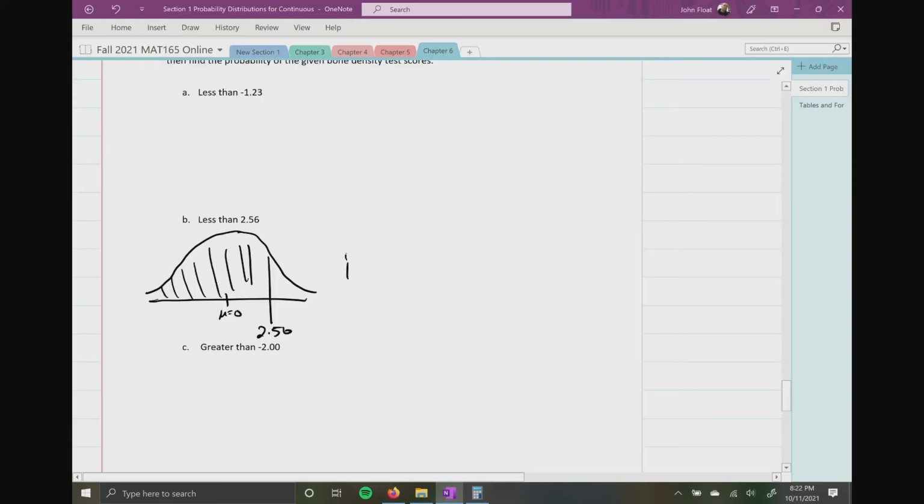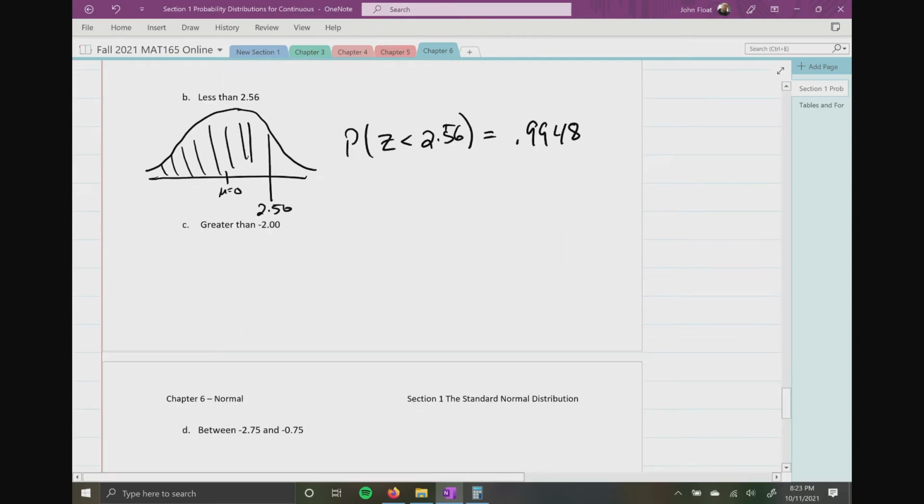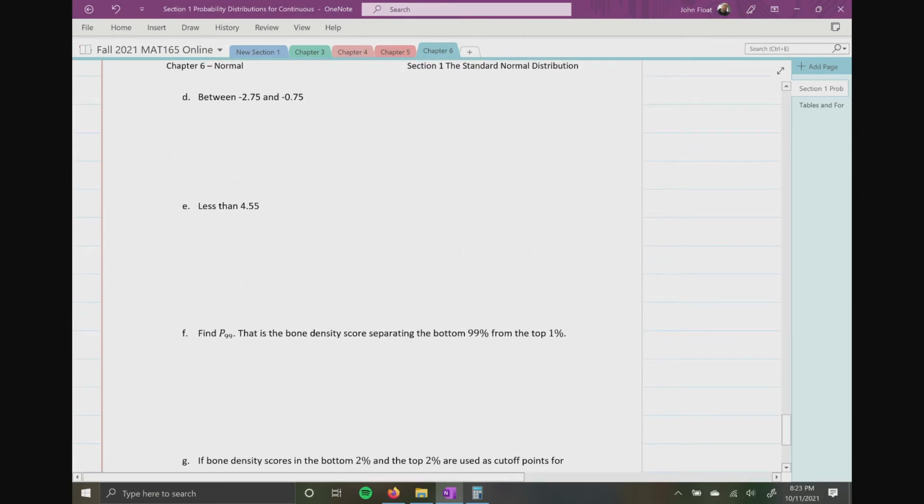The probability that z is less than 2.56 is going to equal 0.9948. Okay? Honestly, that's as hard as this gets. It's just understanding what you're given and then applying the technique for it. So you can try these other ones, all the way down to letter E.